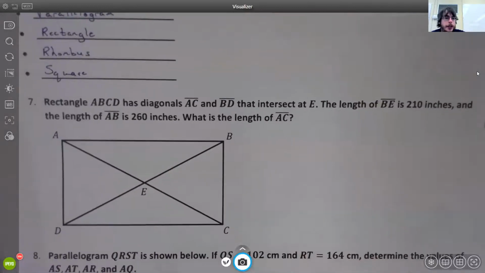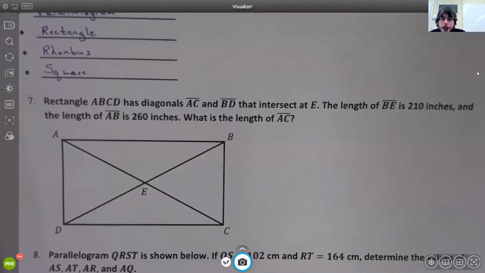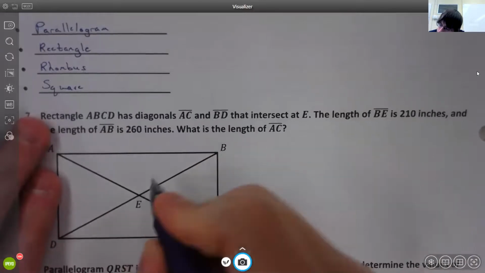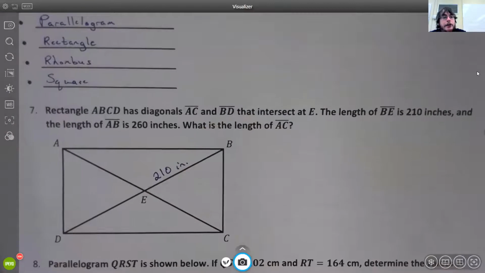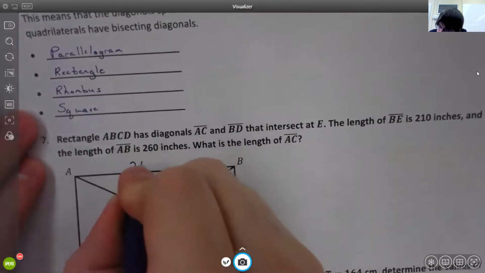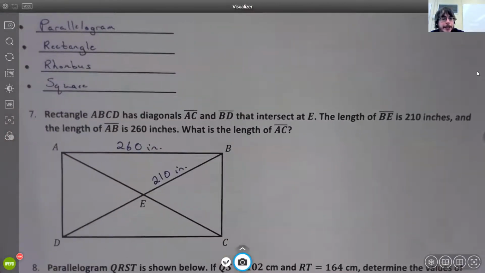Number 7 says rectangle ABCD has diagonals AC and BD that intersect at E. The length of BE is 210 inches, and so we see BE here would be 210. And the length of AB is 260 inches. What is the length of AC?